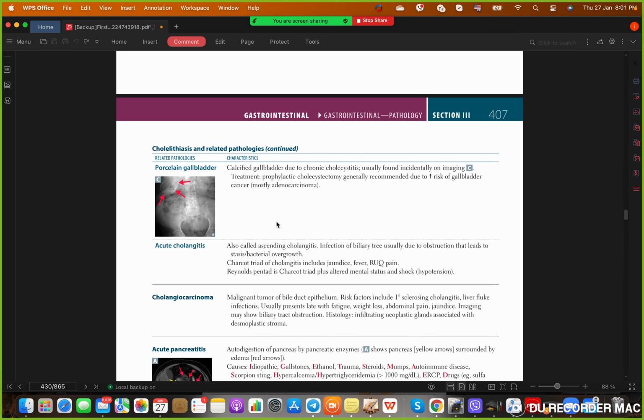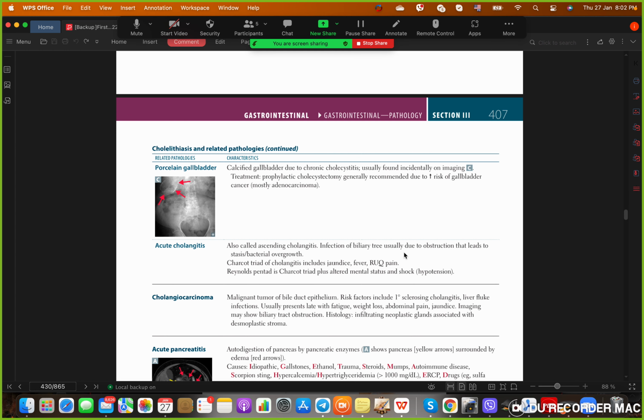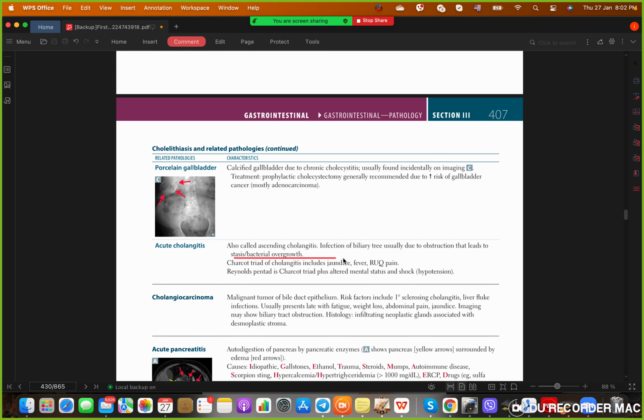Let's take a look. We have something about acute cholangitis, also called ascending cholangitis. So, infection of the biliary tree, usually due to an obstruction that leads to stasis or bacterial overgrowth. Let's try to understand this. Cholangitis, angio.